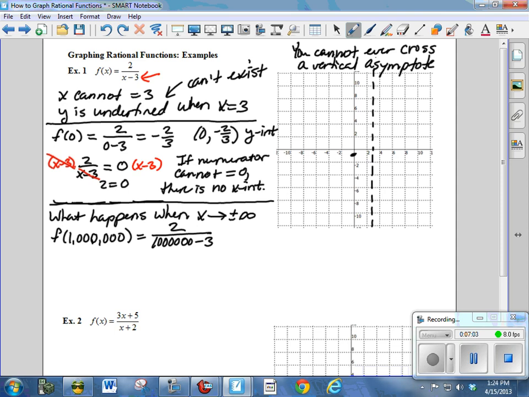Well, that's 2 over 999,997. So what do we know about this number? Well, I hope you notice that it's positive, and it's very small, very close to 0.